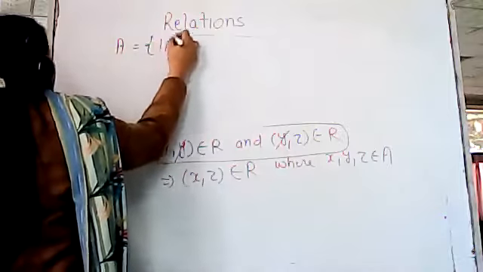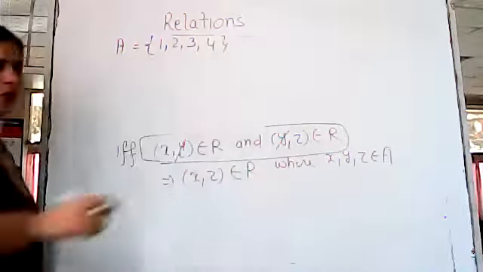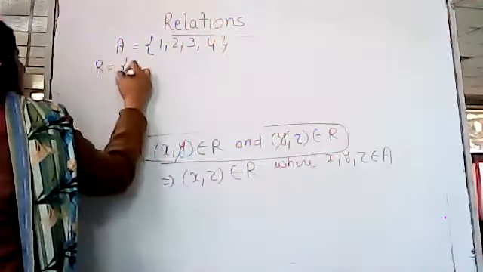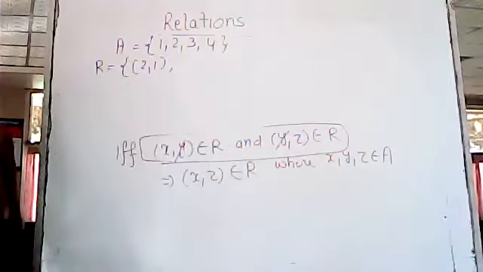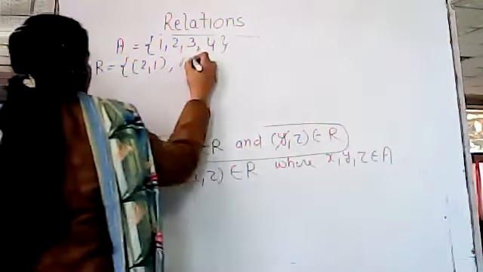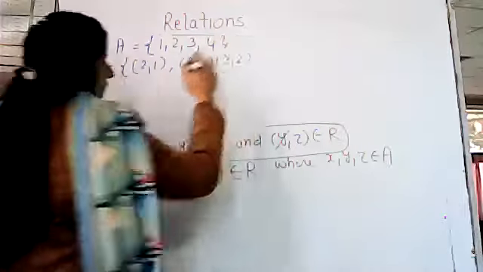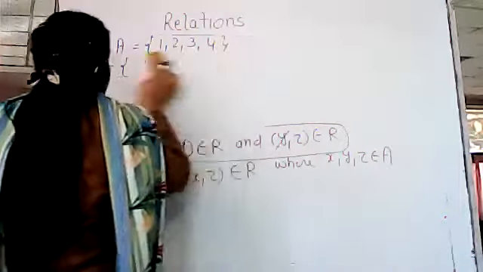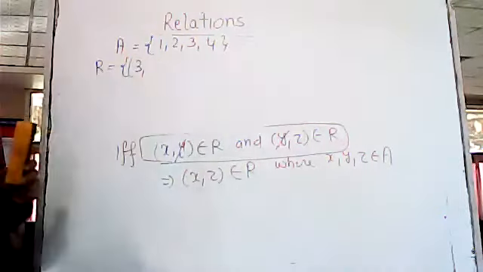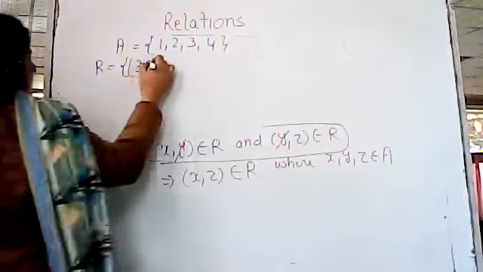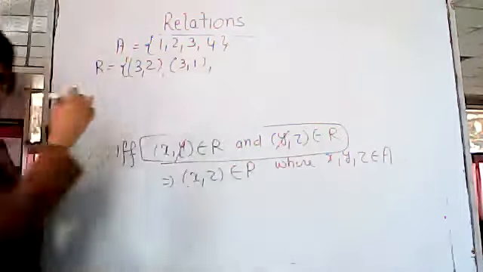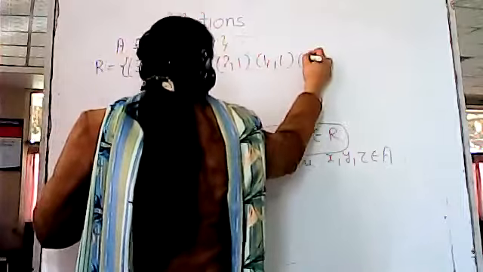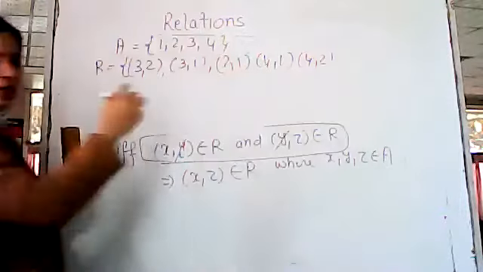Suppose A is a set which consists of 4 elements, that is 1, 2, 3, 4, and I have defined a relation R which consists of these ordered pairs: (2,1), (3,1), (3,2), (3,1), (2,1), (4,1), (4,2), and the last pair (4,3).